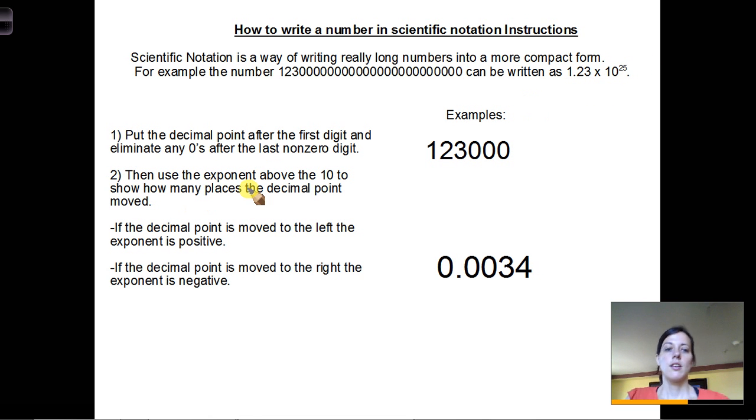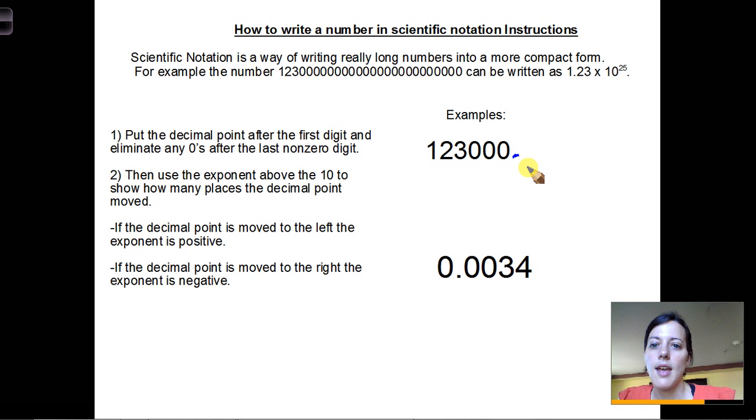Alright, so on the left side we have some rules, some steps if you will, as how to put a number in scientific notation, and on the right we have some examples. So our first number is 123,000. First off, we need to put the decimal spot after the first digit and eliminate any zeros after the last non-zero digit. So looking at this number, the decimal spot's not written, and if the decimal spot's not written, it's always at the end of the number.